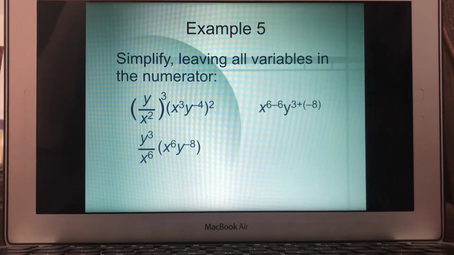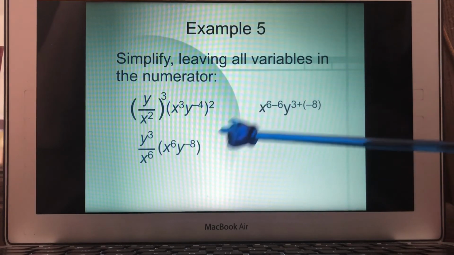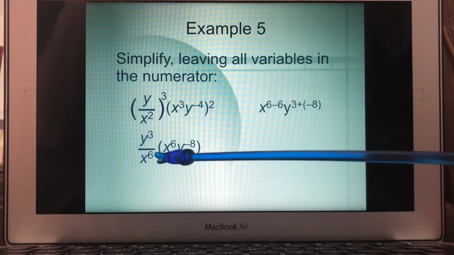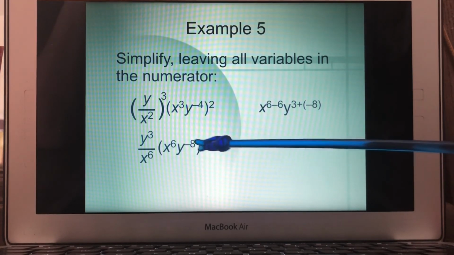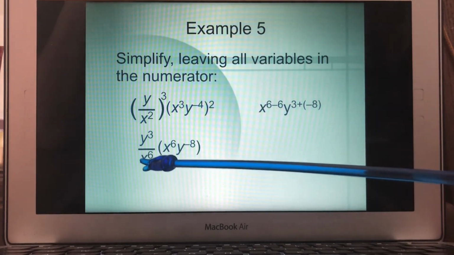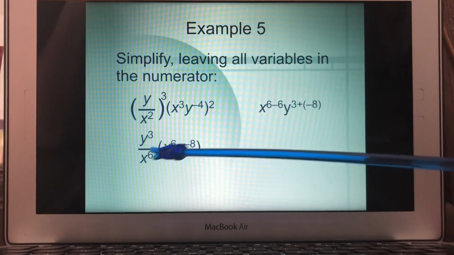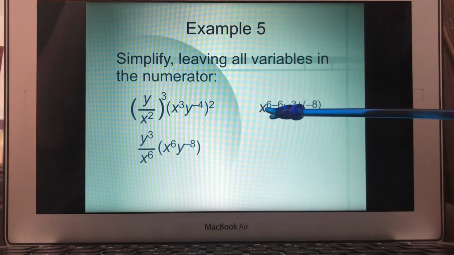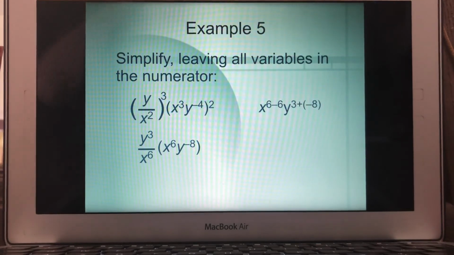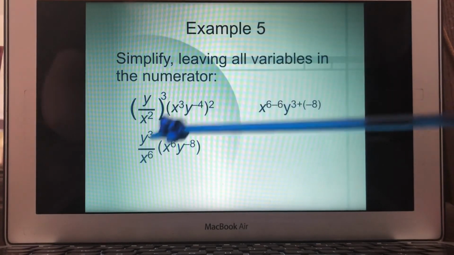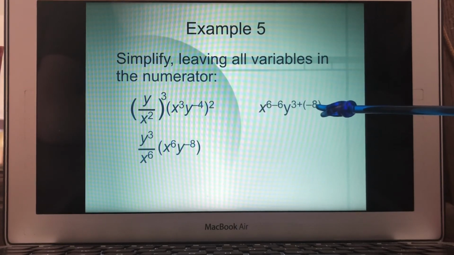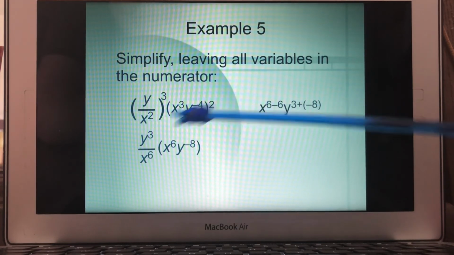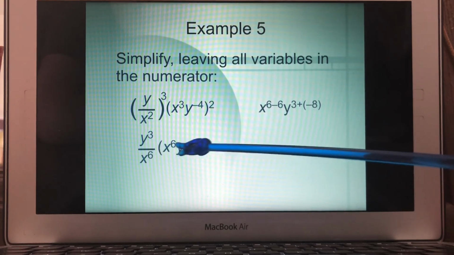But I need to simplify this now even more, because this fraction is now multiplied by this. And since this is division, then it's x to the 6 minus 6 power. And then I have y cubed plus negative 8. Because I'm multiplying those two, the y's, and then I add the two exponents.